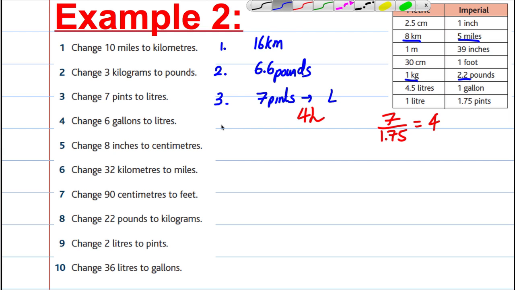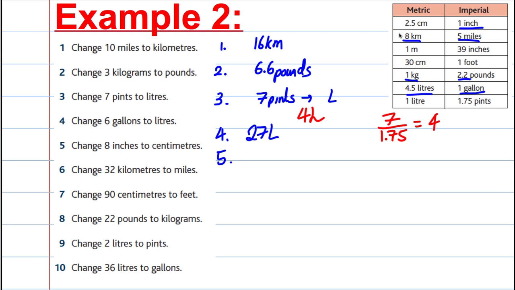Okay, question 4. 6 gallons to litres. Well, I'm going to use this here. 1 gallon is 4.5 litres, so 6 gallons must be 6 multiplied by 4.5, which is 27 litres. Question 5. 8 inches into centimetres.